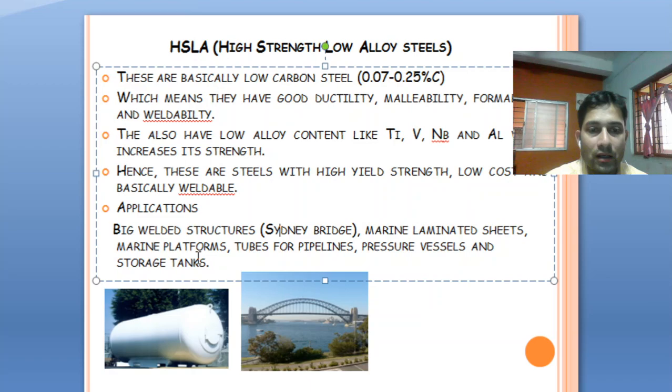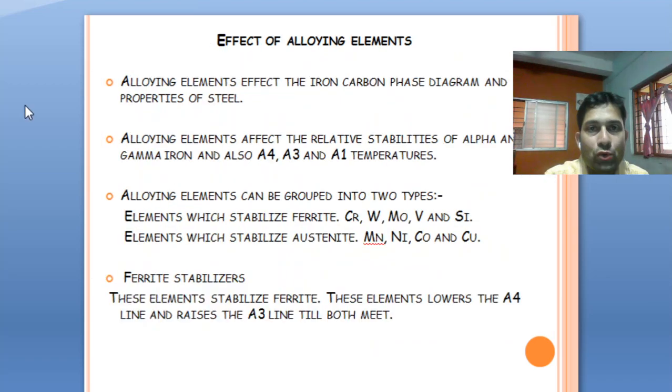Manganese or nickel when added to the steel will increase the austenite phase present in the steel. If you add chromium to the steel, the ferrite phase becomes more dominant and stabilized. So this leads to a conclusion that the elements being added to the steel definitely affect its properties. We'll try to explore a little bit more about that.